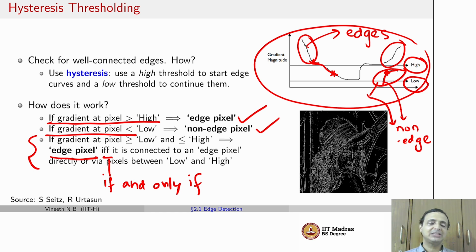Which means instead of relying on one threshold to say whether you have an edge or not, you now have two thresholds to ensure that even if you were on the boundary region, you could use this approach to decide whether it should be an edge or not, and that gives more complete looking edges where the edges are completely covering the object rather than those broken lines that we saw on the earlier slide.